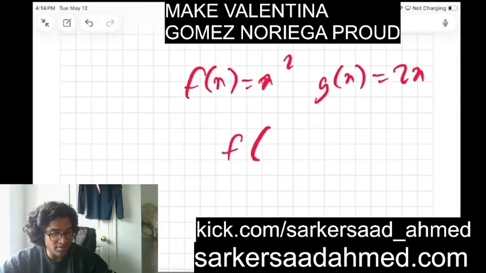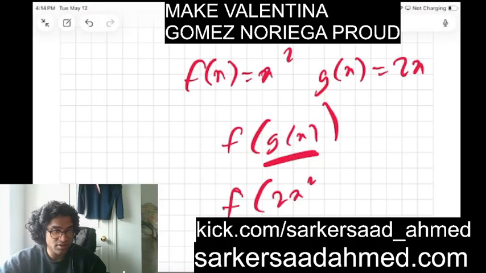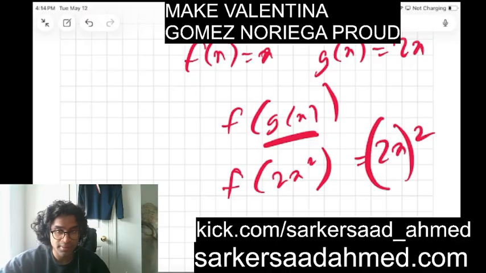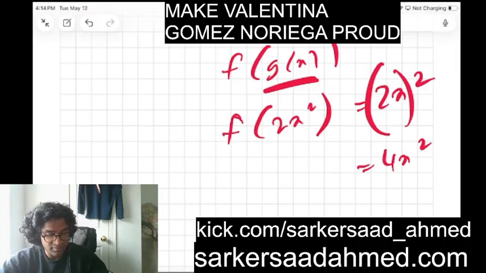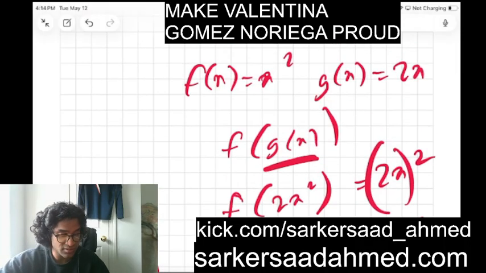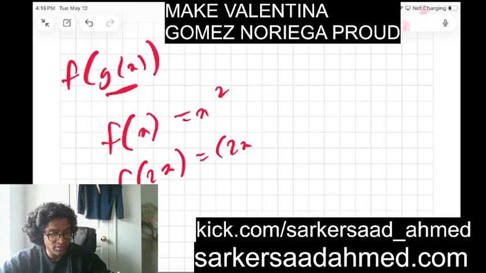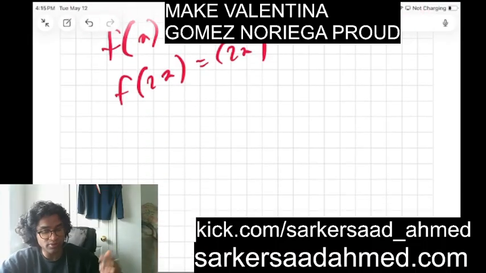So if I have f of g of x, instead of x squared you're going to have f of 2x, which is 2x whole squared, which is 4x squared. Because g of x is 2x, and if f of x is x squared, f of 2x would be (2x) whole squared, right?